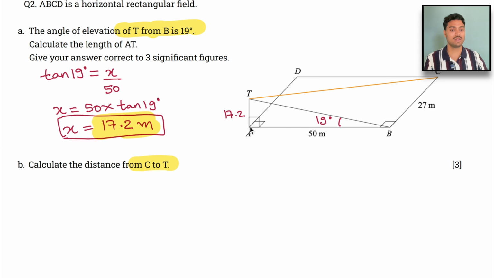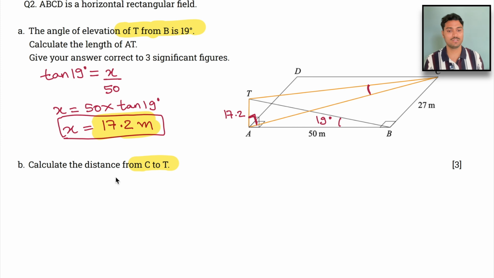So we can make it a right angle triangle by joining the point A to C. Now we have TAC as a right angle triangle, right angle at A over here, and we have to find the length TC, but we don't have this angle, and we have only one value, that is 17.2, that is AT.